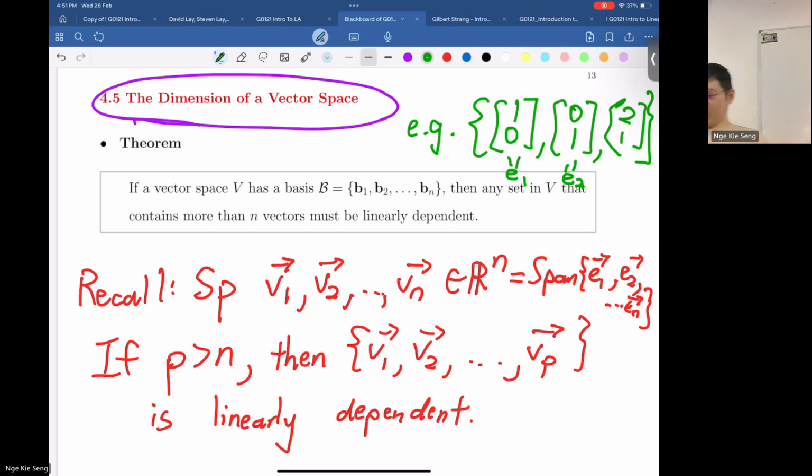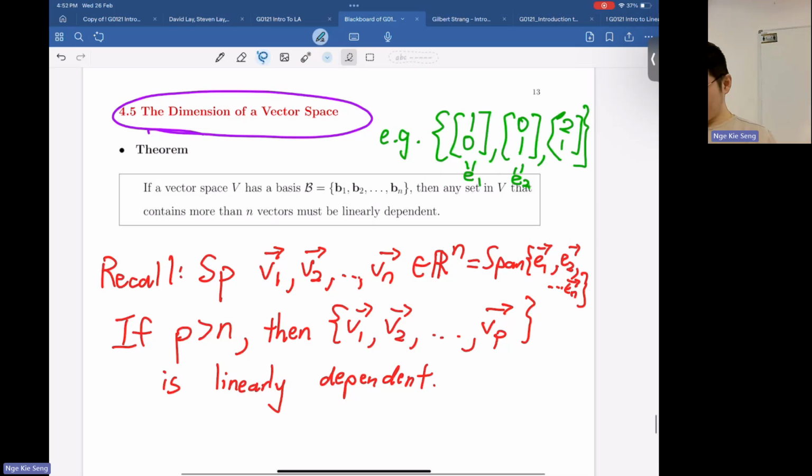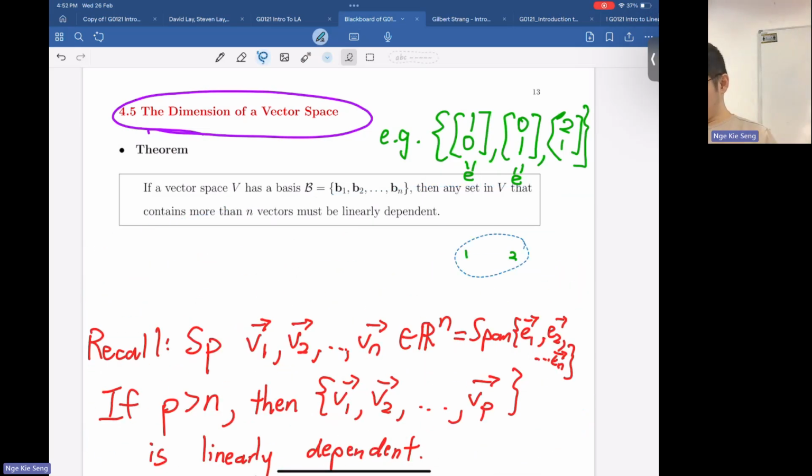Note that there's one thing I want you to note here. If you can write (2, 1) in terms of (1, 0) and (0, 1), right? You also can write E1 in terms of the other two, or E2 in terms of the other two. Correct or not? You just swap inside your equation. If you don't understand what I mean by swap, let me quickly write it for you. So you can see that (2, 1) equals 2E1 plus 1E2.